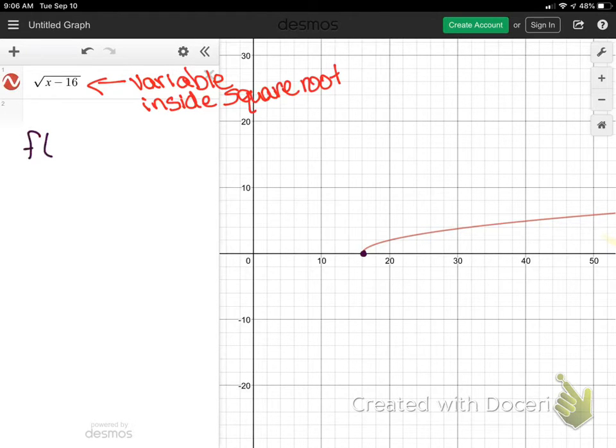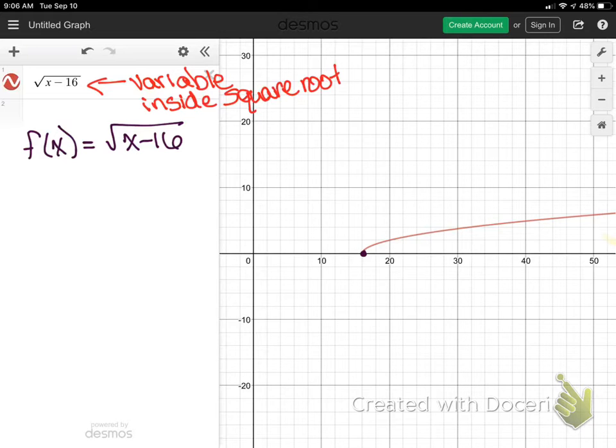So I can write this as f of x equals the square root of x minus 16. Now, I want you to take your phone or your calculator, and take the square root of 0. If you've got a smartphone, sometimes you have to turn it horizontal to get your square root.